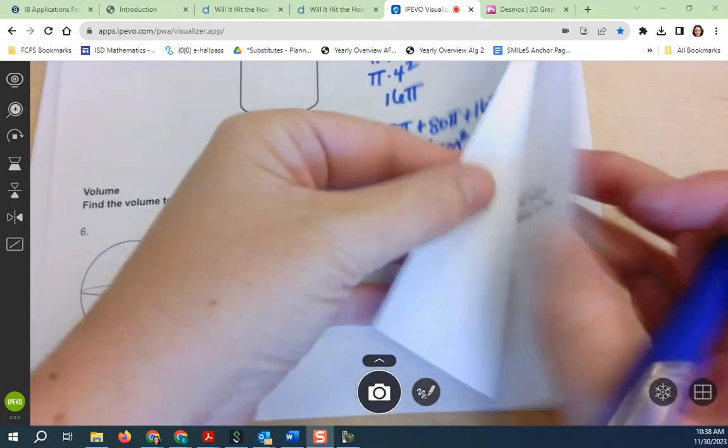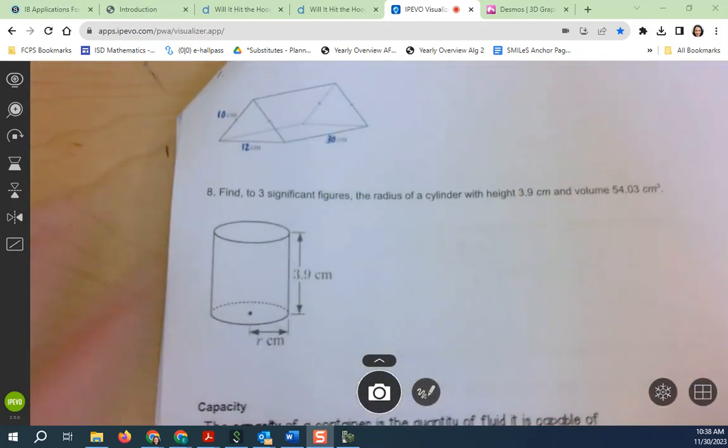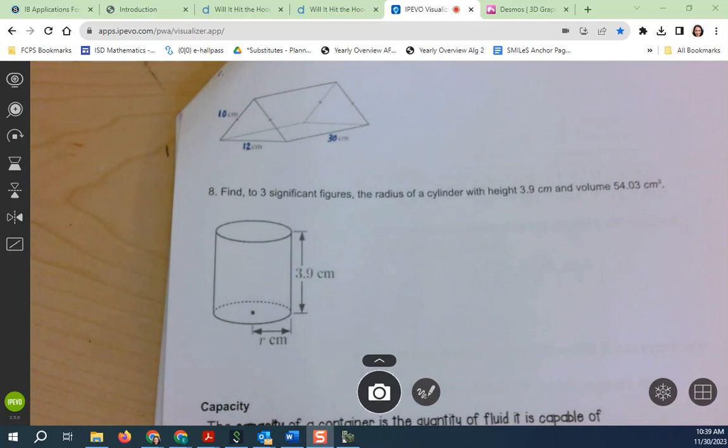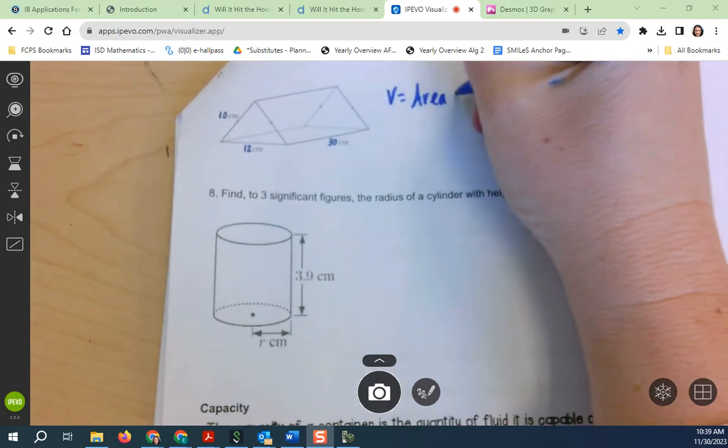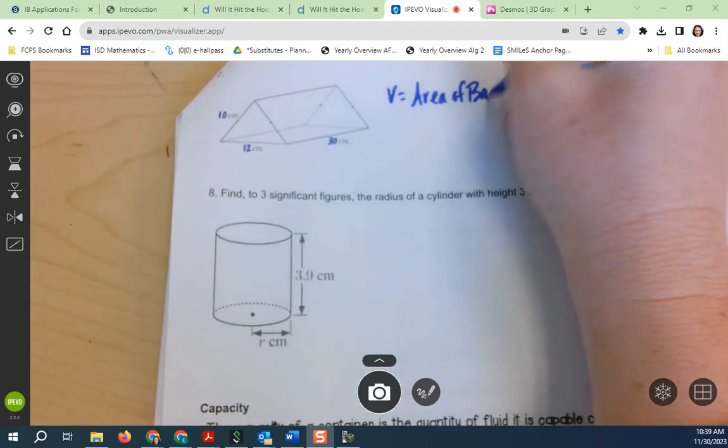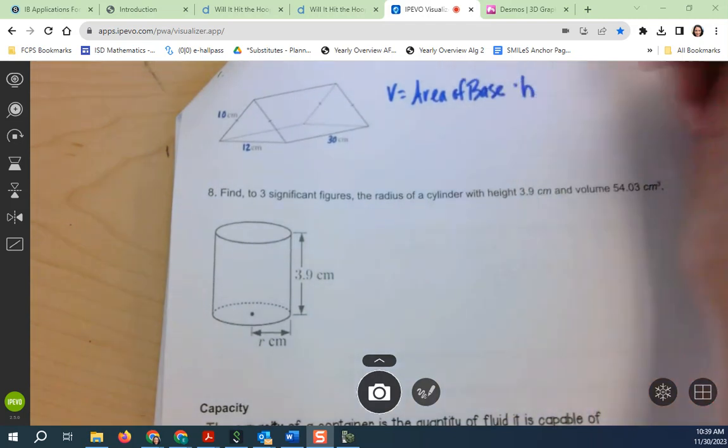So looking at this prism, even though it's turned on the side, the bases are the triangle, because the bases are going to be those two parallel things that are the same shape. Okay? So volume is area of the base times the height.